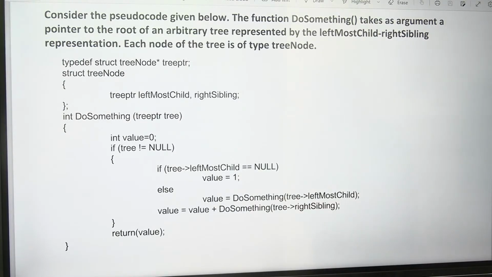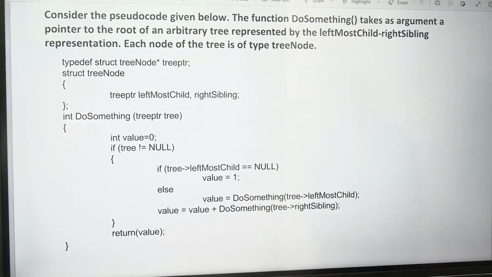Consider the pseudocode given below. The function do something takes as argument a pointer to the root of an arbitrary tree represented by the leftmost sibling right representation. Arbitrary tree, right?